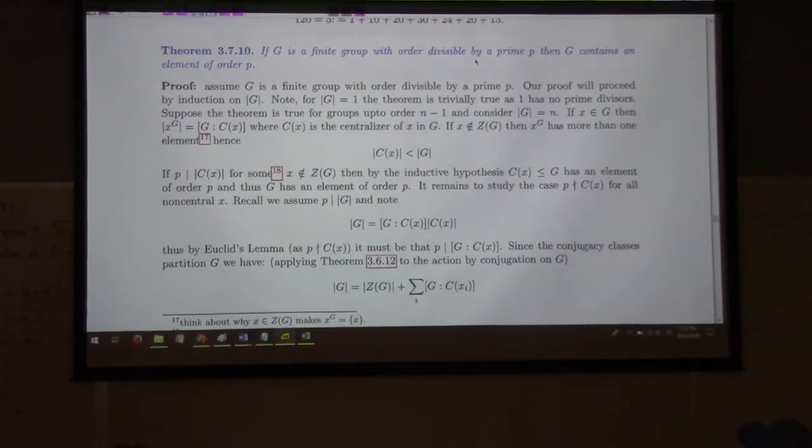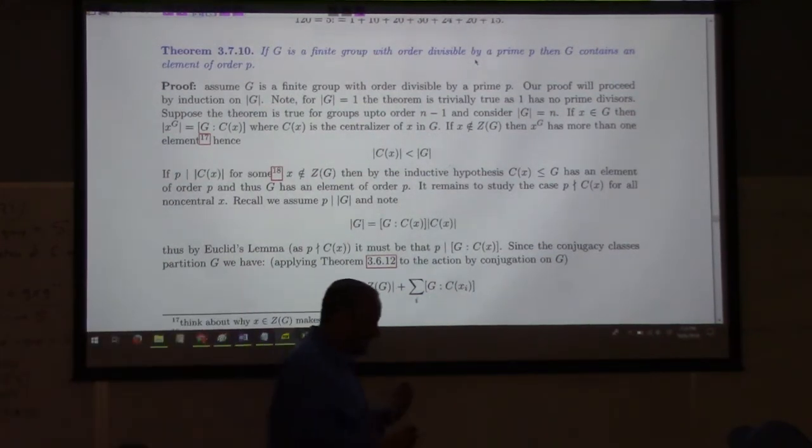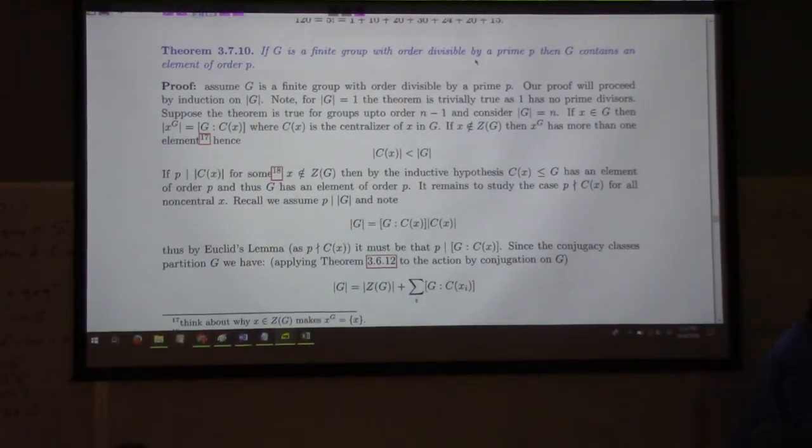The reason this is true, again, is the orbit stabilizer theorem, because the sum of the sizes of the orbits has to be equal to the size of the set. But here, the set on which the group is acting is the group itself, right? So in the orbit stabilizer theorem, that would be the cardinality of S, but in this case, it's just the size of G.